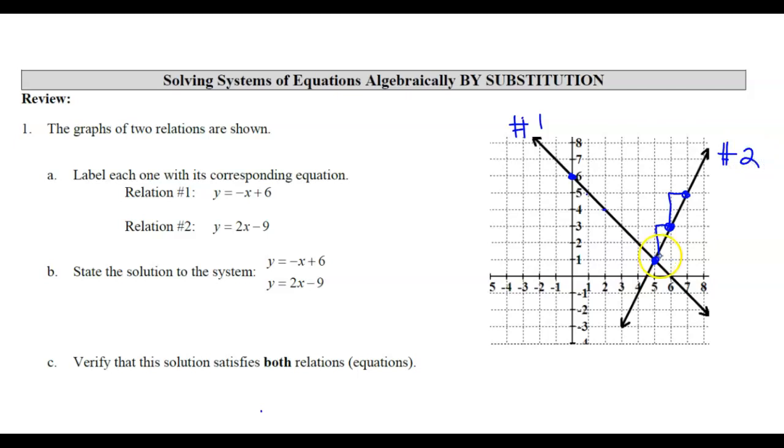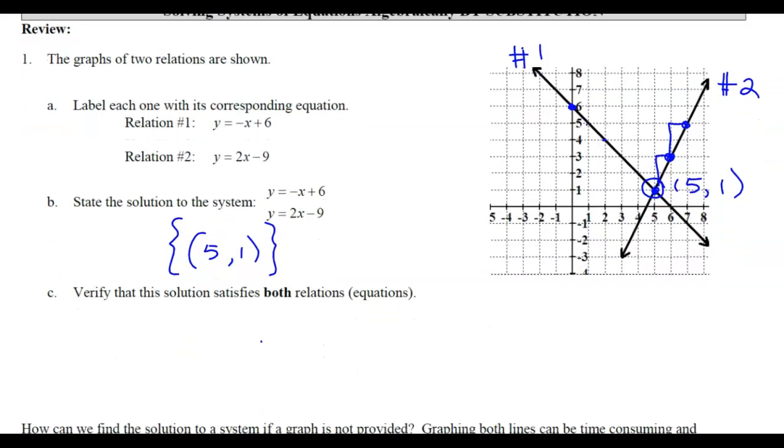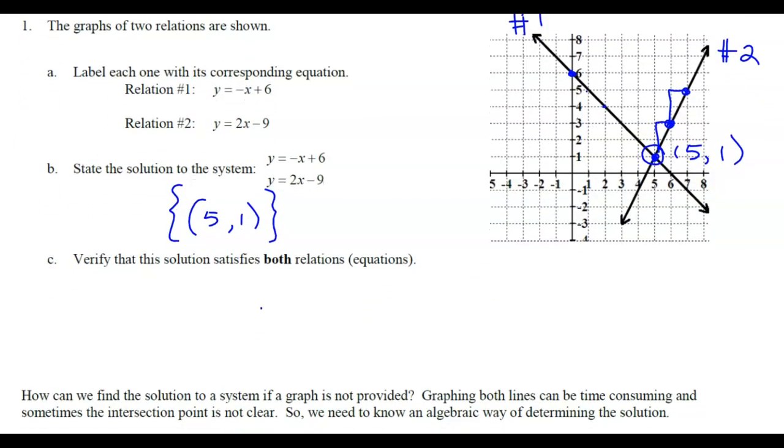The solution to this is this point here, which is (5, 1) in round brackets, and then I'll put squiggly brackets, which just means the set of solutions. Now, yesterday we verified algebraically.